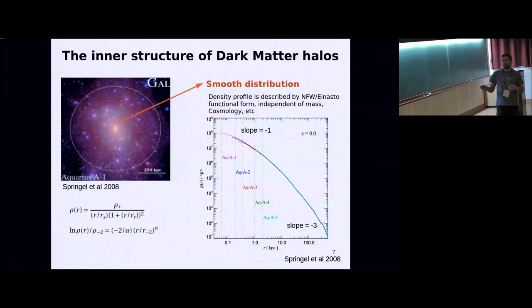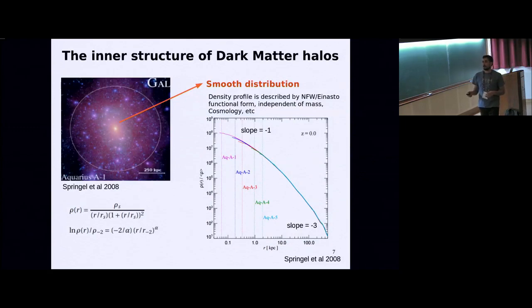Then you can try to see whether this is well described by Einasto or Hernquist or isothermal. And you see that at this resolution, the Hernquist and the isothermal are very poor descriptions of the actual density profile.